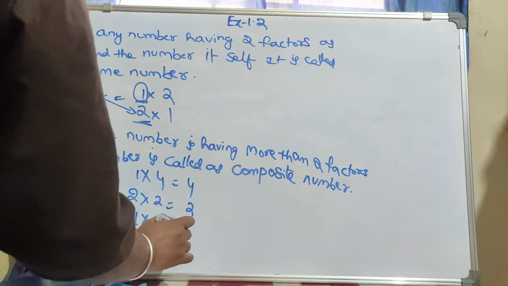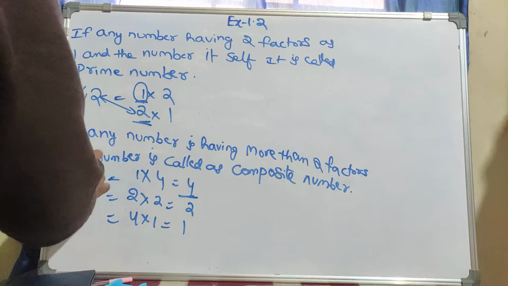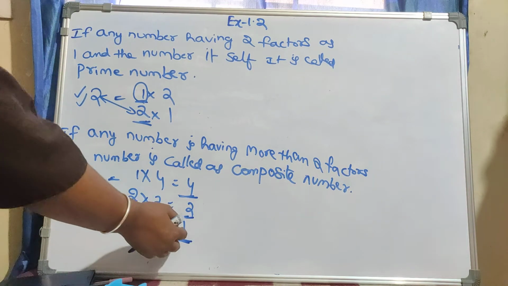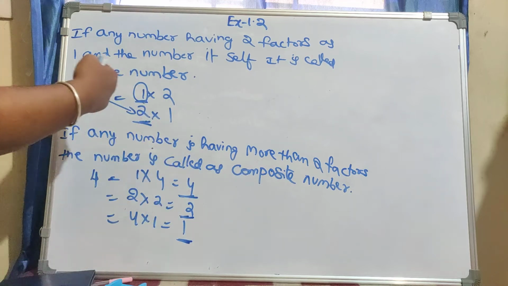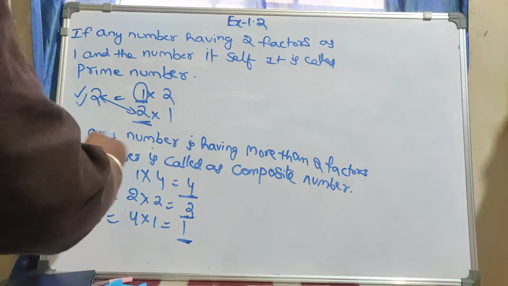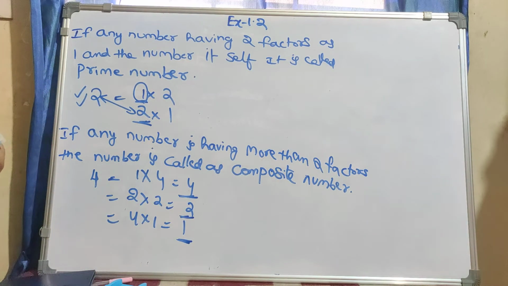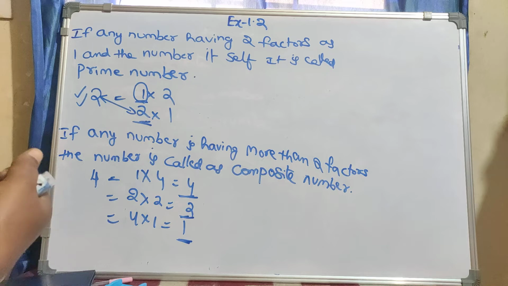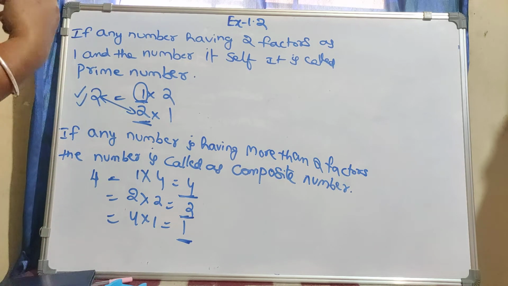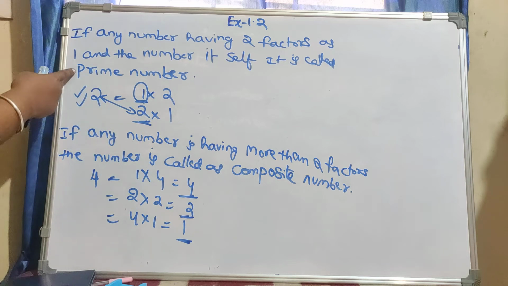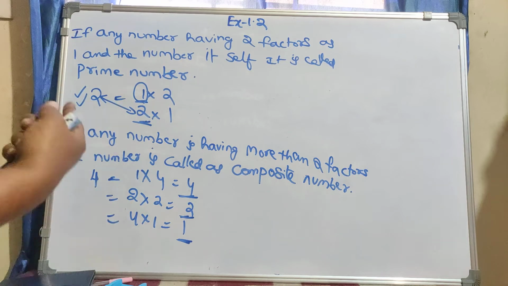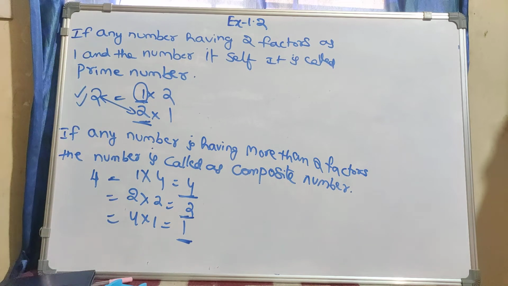This number has 4 as a factor, 2 as a factor and 1 as a factor. So along with 1 and 4, one more number also behaves like a factor, that is, more than 2 factors. Then these kinds of numbers are called composite numbers. Whichever number has only 1 and the number itself as factors is a prime number. Whichever number has more than 2 factors is called a composite number.